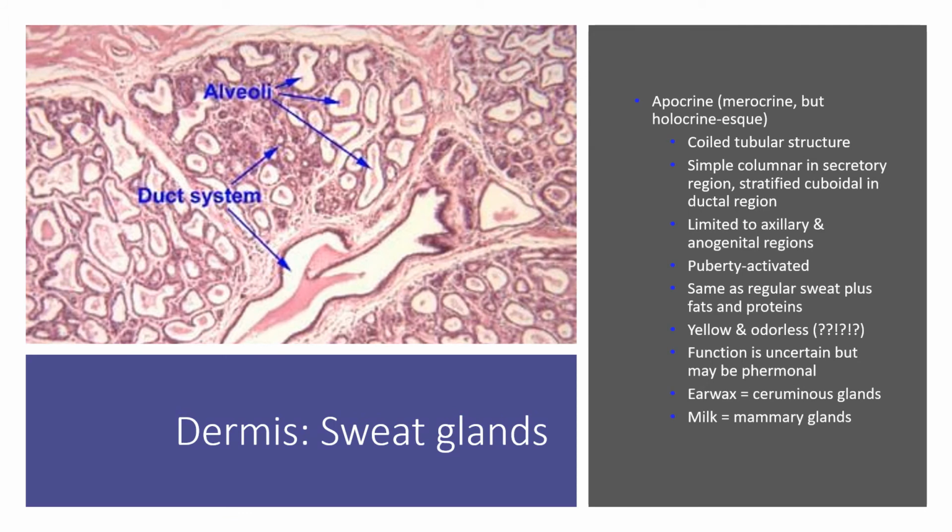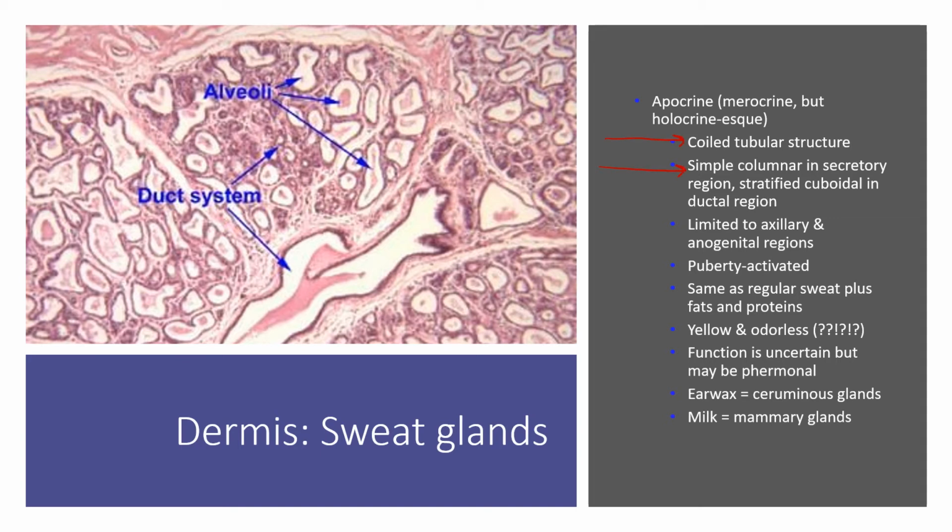There's another kind of sweat gland called your apocrine sweat glands. These are limited to the axillary and anogenital regions, armpits and groin. They're turned on at puberty. The gland itself has a similar coiled tubular structure to regular sweat glands.